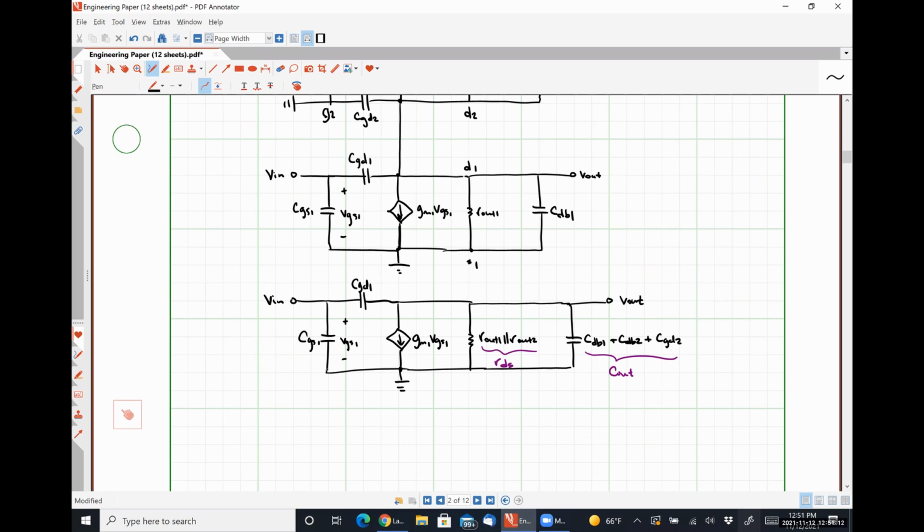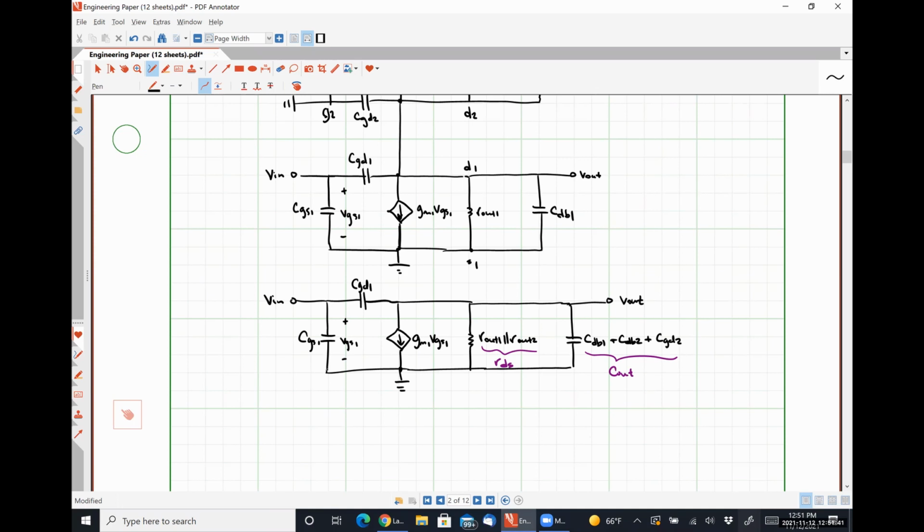We can either write KCL at the input node, KCL at the output node, and then do a whole bunch of substitutions and make it work. And we will have two poles that are linked together with lots and lots of ugly math. Or we can use Miller's theorem to split that feedback capacitor up into two bits. That makes our lives much more simple. So I'm going real hard on option 2, because I don't want to do an hour's worth of math to get nowhere close to where we want to be.